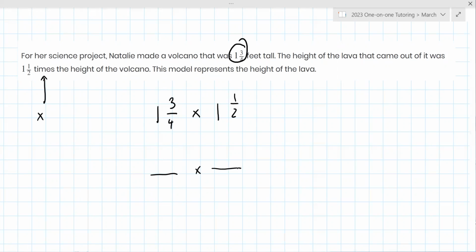Make each one of these an improper fraction, just like we did in the previous problem. I want you to give me the result before you multiply. Okay, let me just work it out.